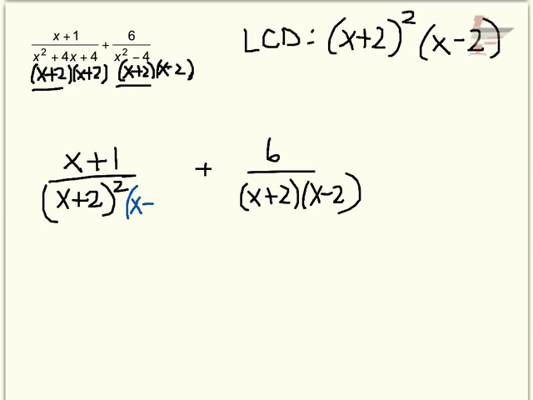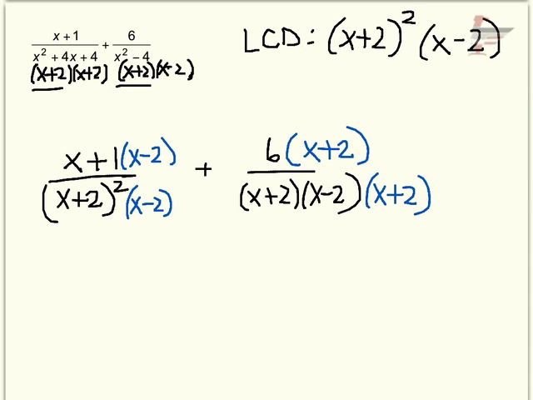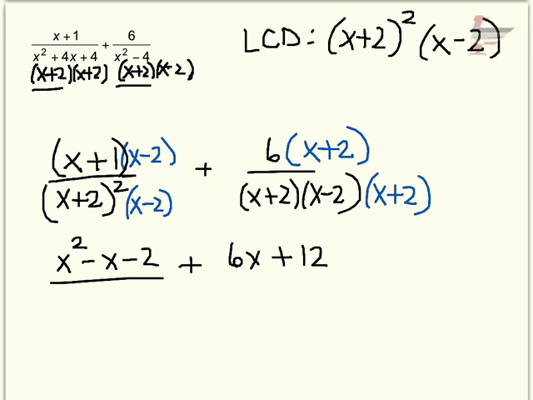So this one needs the x minus 2. And the plus 6 needs the other x plus 2. And then I simplify the numerators, so I can distribute, or excuse me, FOIL the first one. If I FOIL this out, I get x squared minus x minus 2. And the second one I get 6x plus 12.